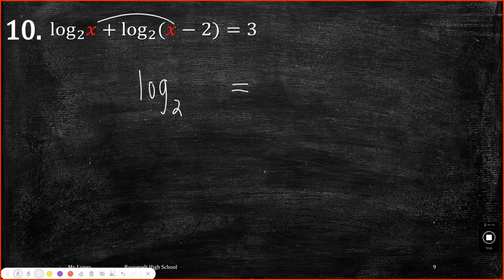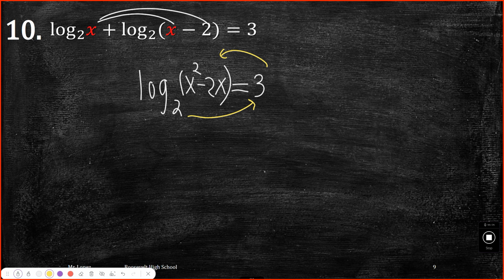So it'll be x squared minus 2x equals 3. And then we put it in exponential form. 2 to the 3rd power is 8. So it'll be 8 is equal to x squared minus 2x.